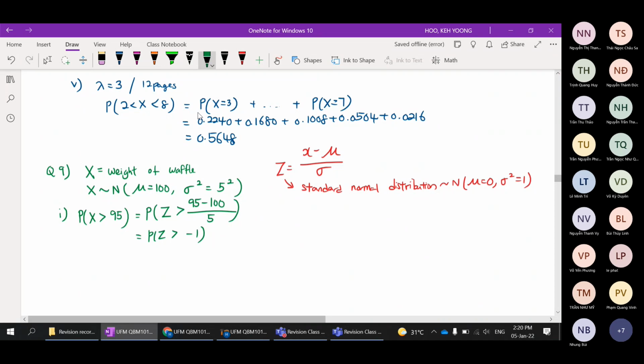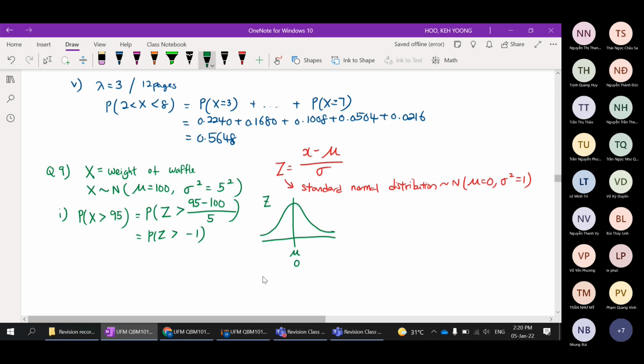I normally suggest students to draw the normal curve. When we draw the standard normal curve, the middle is always the mean, which is 0. So this is the curve for the standard normal distribution, Z. Right now you want to find Z more than -1.